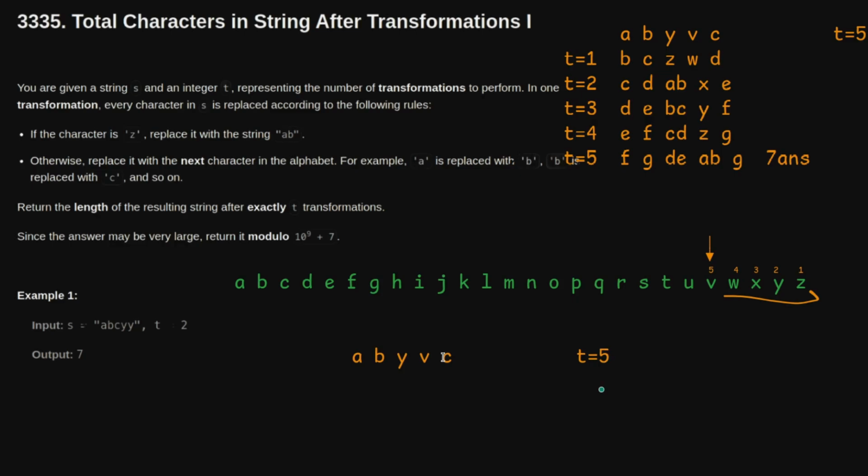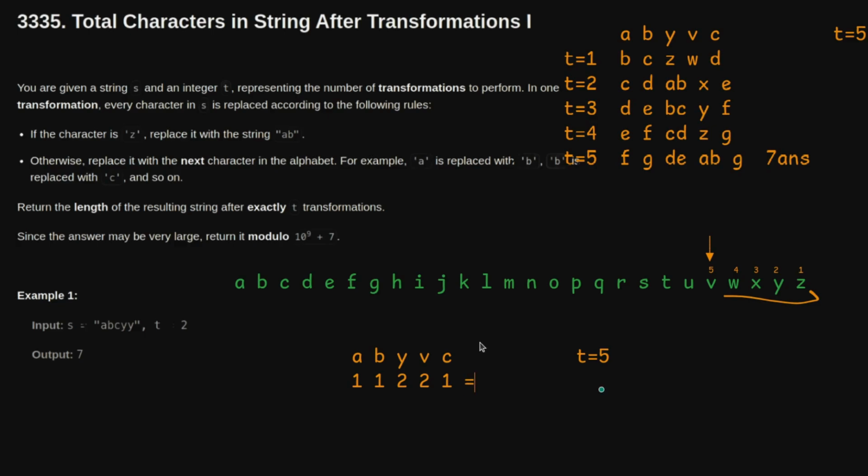So what I am doing is, A is 1, B is 1, Y is greater than V, so I will replace it by 2. V is not greater than V, but V is equal to V, so we will replace it by 2. And now C is less than V, so I will be replacing it by 1 only.